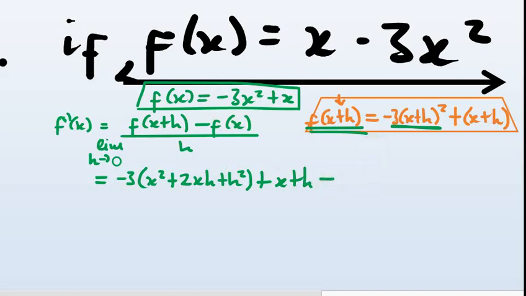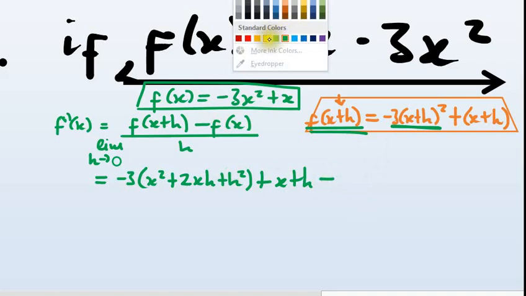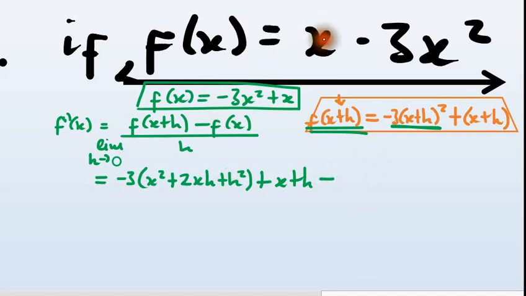Now I feel the need to write these in different colors so that you can see evidently who is who. So I'm going to rewrite this and put it in purple, and this I'm going to keep in green, negative 3x.